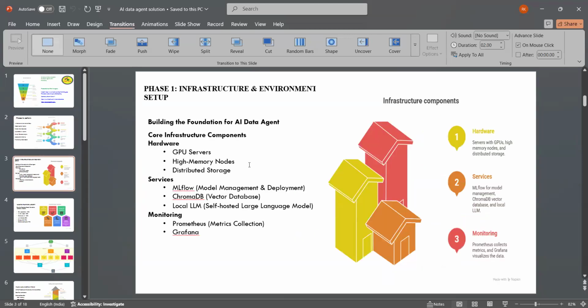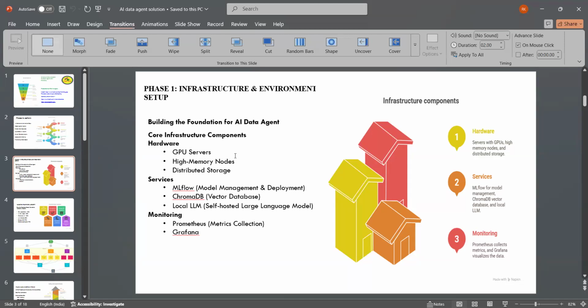This is my phase one, infrastructure and environment setup. If we need to prepare software, first we prepare infrastructure. Here also, for preparing an AI data agent, we first set up the environment and backend infrastructure, building the foundation for the AI data agent. These are the core infrastructure components.